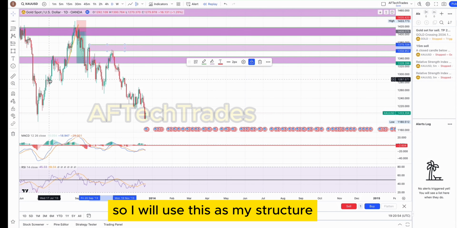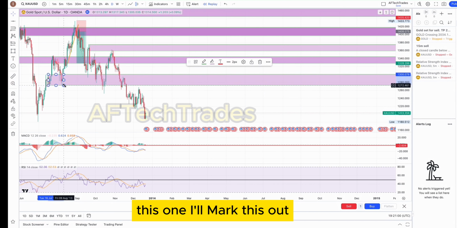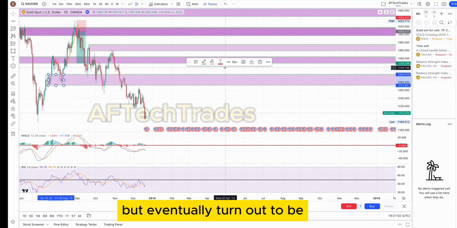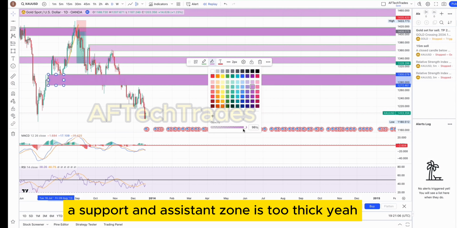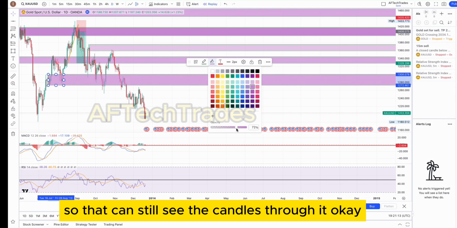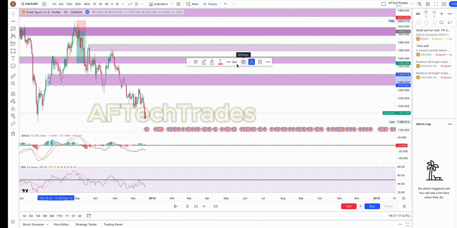So I will use this as my structure. I'll mark this out. This is another zone, but eventually it turned out to be a support and resistance zone. It's too thick, so that we can still see the candles through it. So lock this as well.